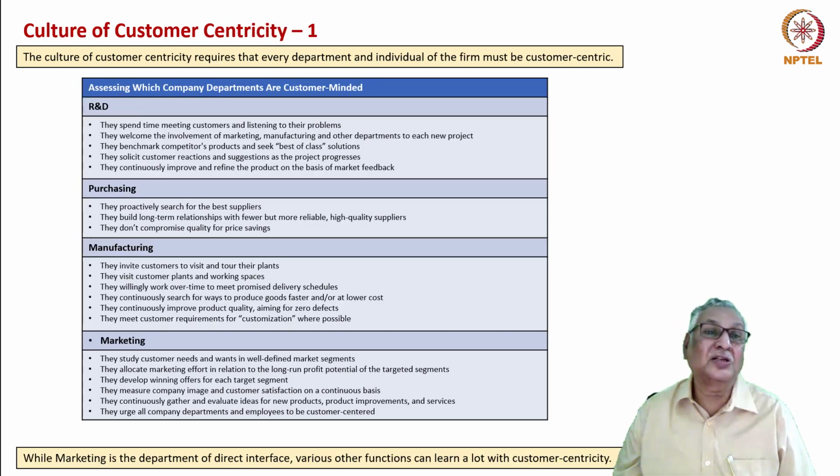So, when you have the culture of customer centricity, what should each department do? Let's look at R&D. They spend time meeting customers and listening to them about their products. Typically, an R&D engineer believes that his time has to be spent in the laboratory. He would think about involving the marketing and other functions at best, but not the customers.